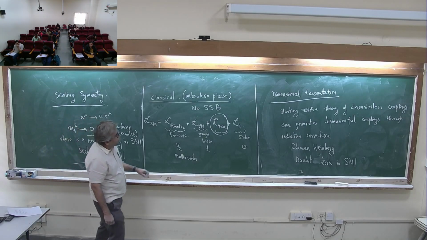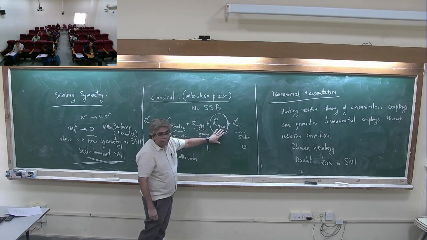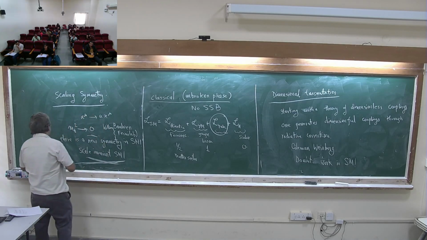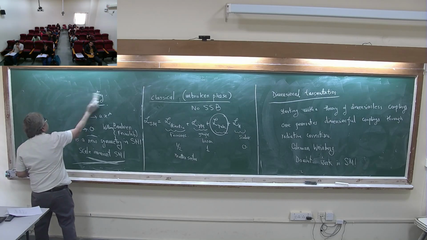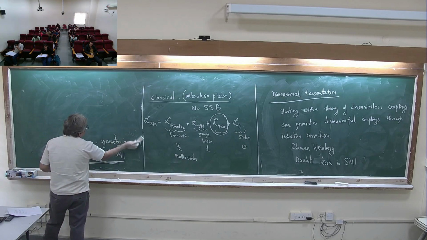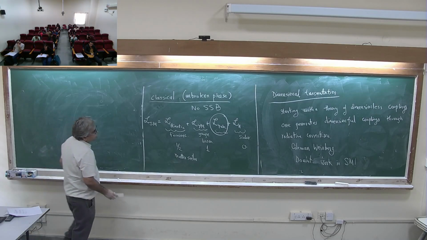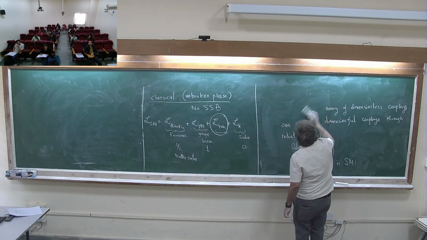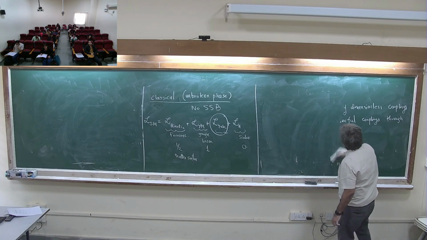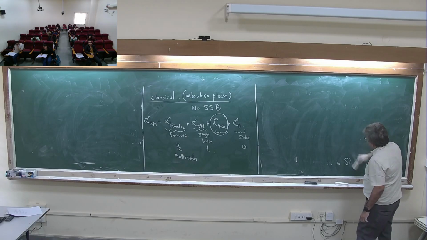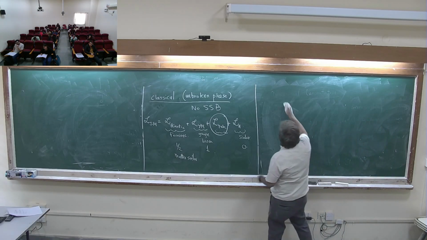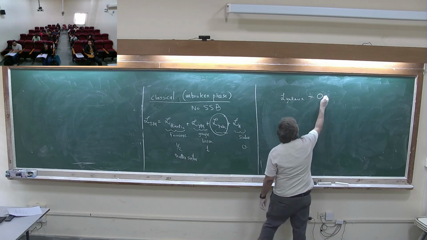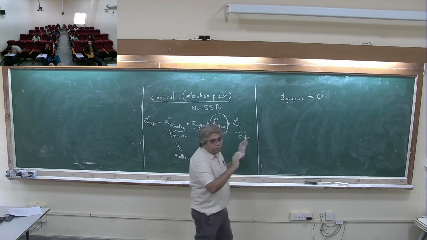Now you can set the Yukawa couplings to 0. That means all the fermions are massless.